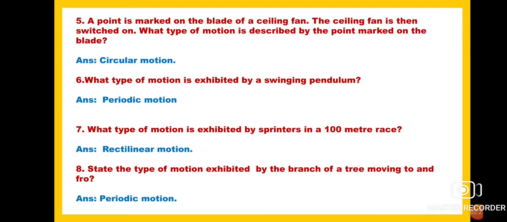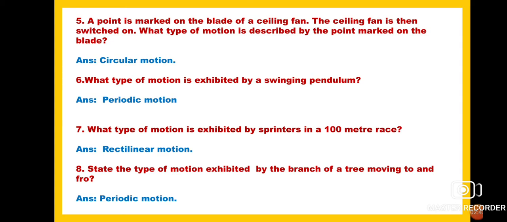Next, number 5. A point is marked on a blade of a ceiling fan. The ceiling fan is then switched on. What type of motion is described by the point marked on a blade? Okay, so all of you know the blade, 3 or 4 blades are present in a ceiling fan, isn't it?